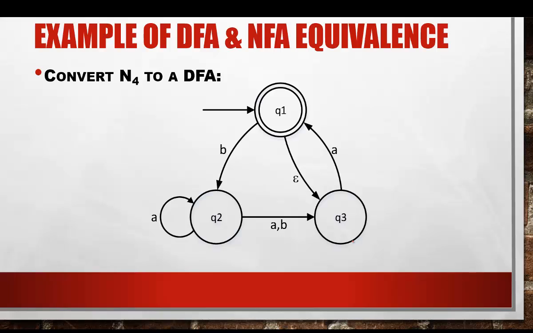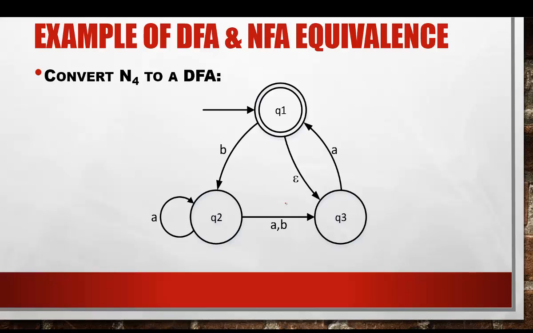It's made of 3 states, q sub 1, q sub 2, q sub 3, and it also has an epsilon transition. We will convert this into a DFA, and we'll show that the DFA will have 2 to the n states, in fact 8 states, and then we'll see that we can simplify it into a smaller DFA with 6 states, which would be the smallest DFA for this language.